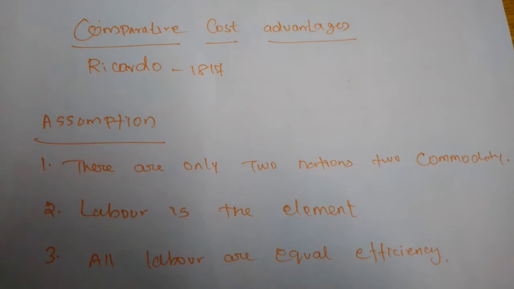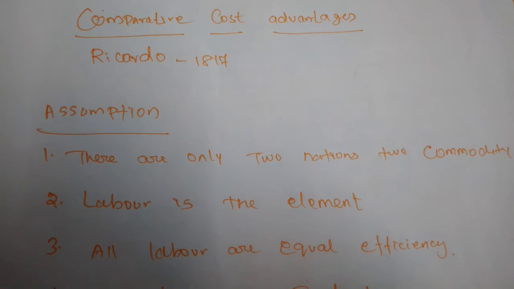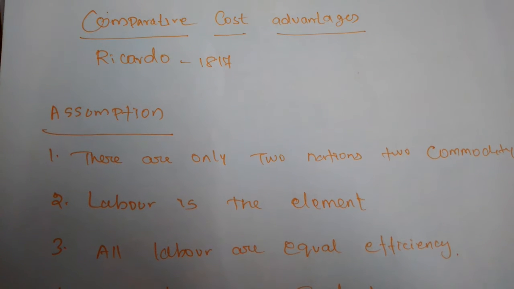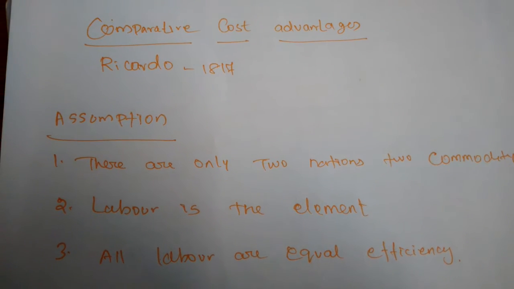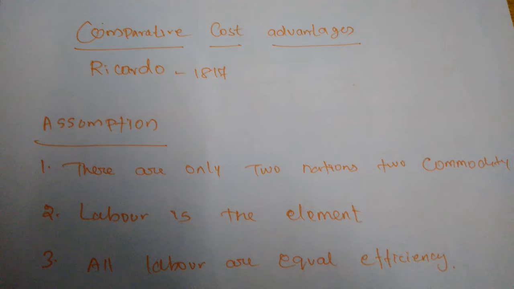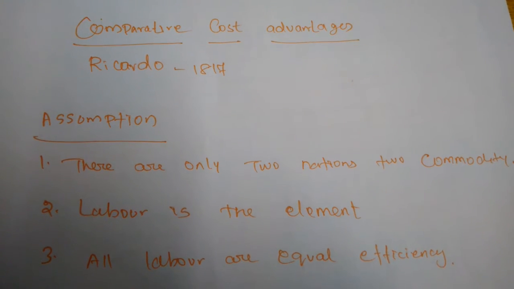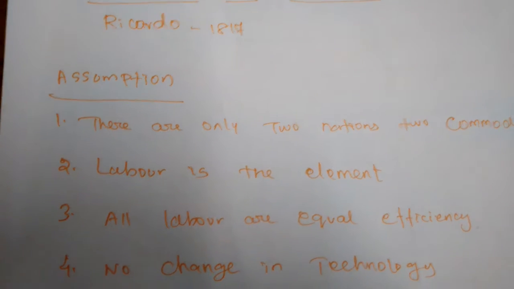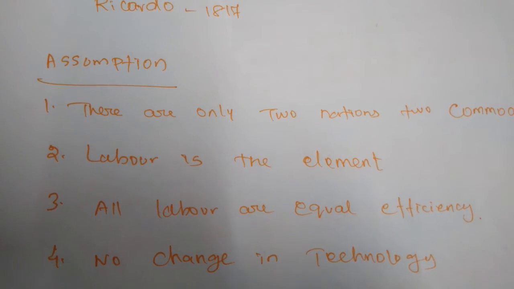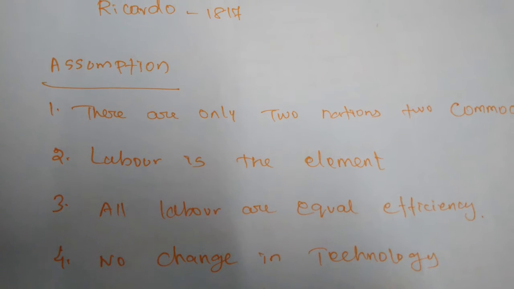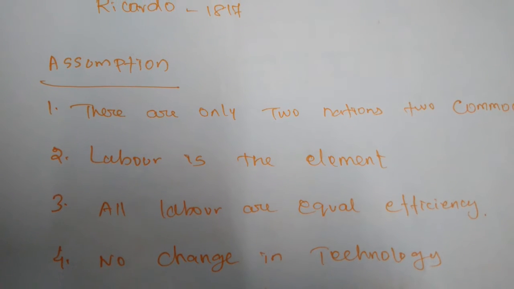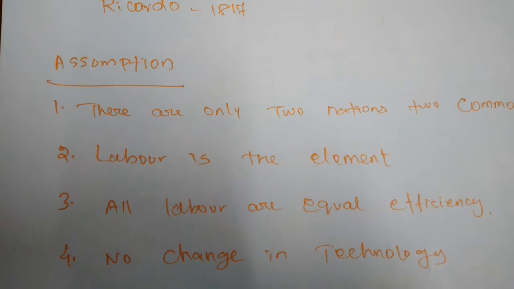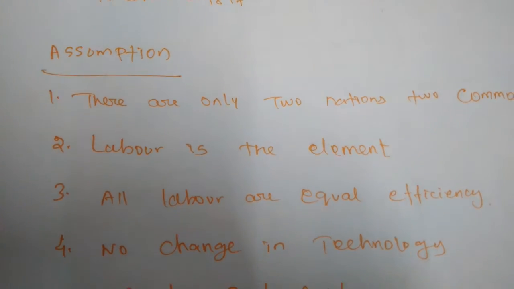When a country has absolute disadvantages in the production of both goods, the country would specialize in the production and export of the commodity in which it is relatively less disadvantageous.